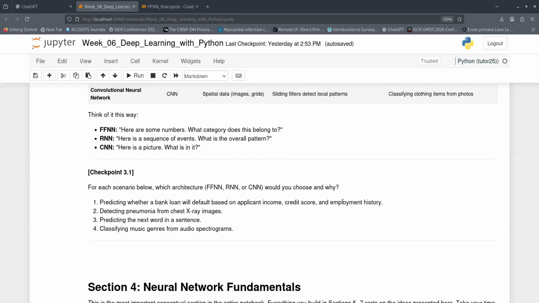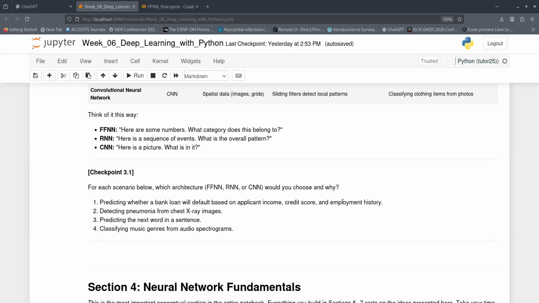But the aim is not to predict over a sequence of events, and we don't ask the question of what the overall pattern is. If we ask what the overall pattern is, it's a case of recurrent neural network.